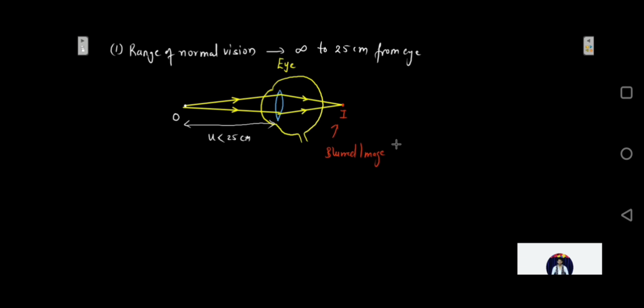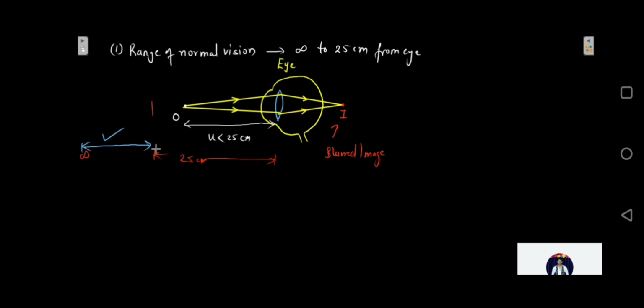Okay, so I'll repeat myself. Due to the accommodation property of the eye lens, a normal eye will be able to see between 25 centimeter, supposing this distance is 25 centimeter from the eye, and infinity. In between this distance is the range of normal vision. So an object lying in between will be seen clearly by a normal eye.